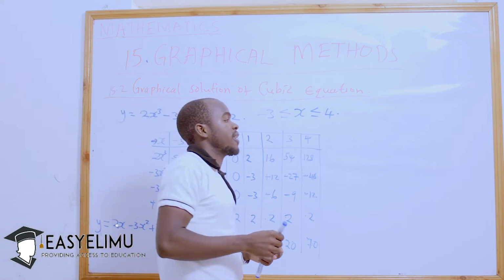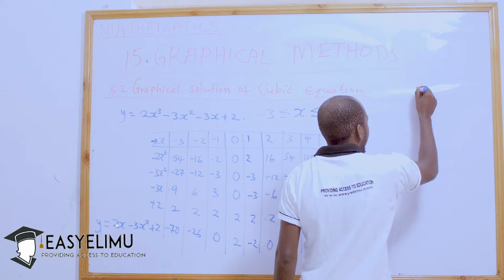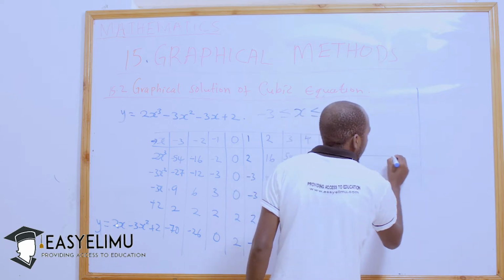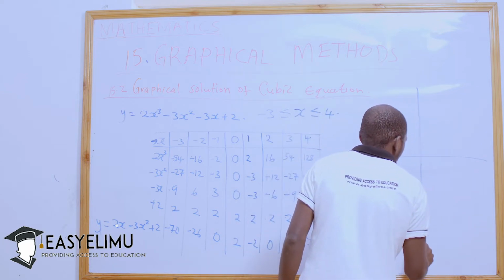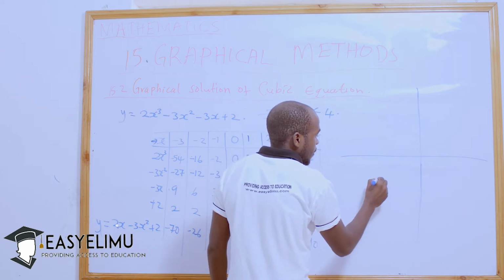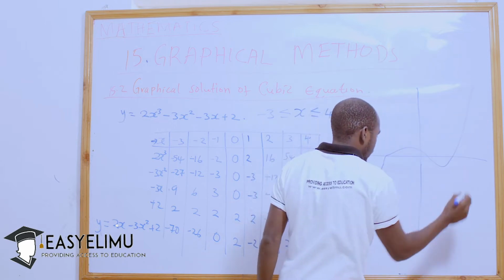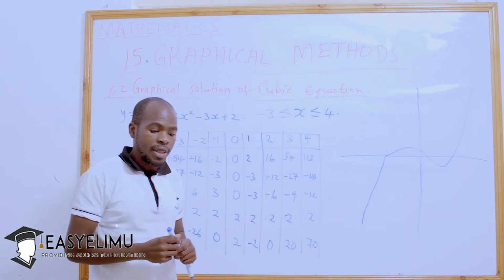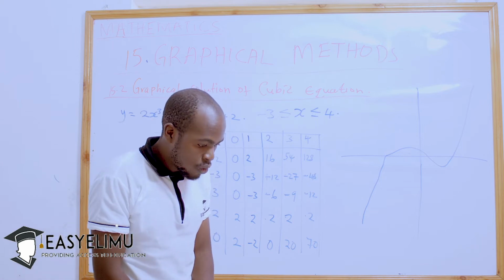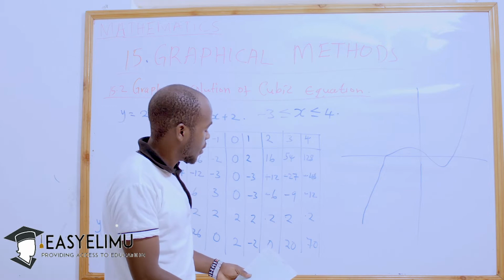I think you understand. On plotting that graph, you will find that the graph appears to move from the downward part, then moves that way. That is how mine appeared, so we can view it here.